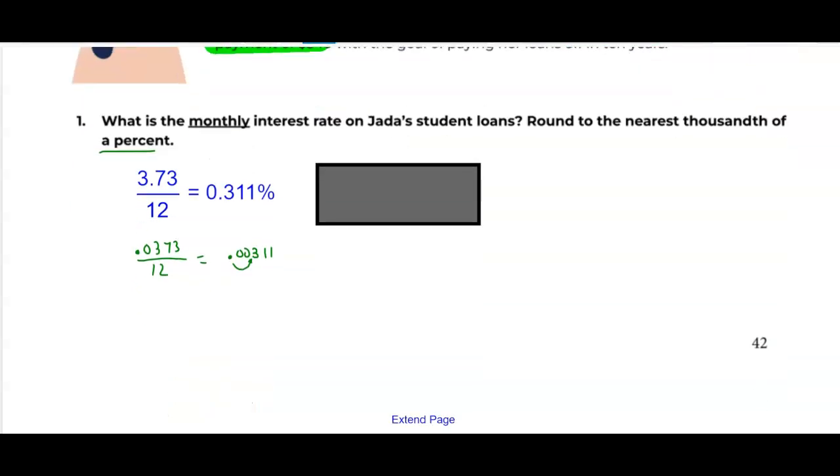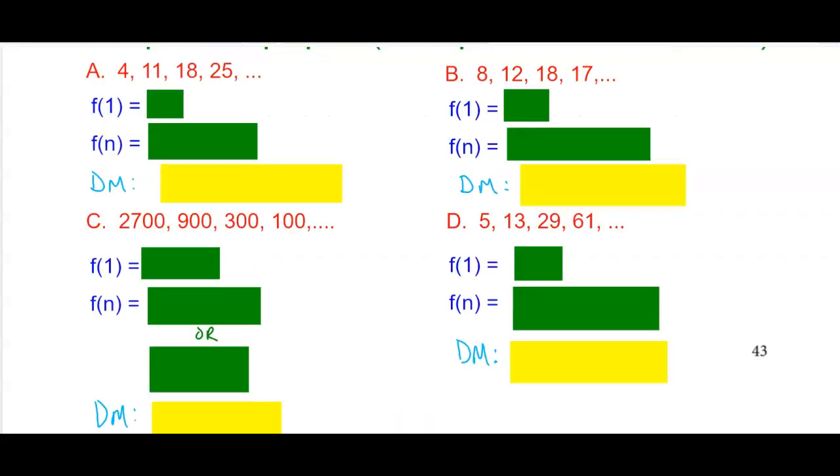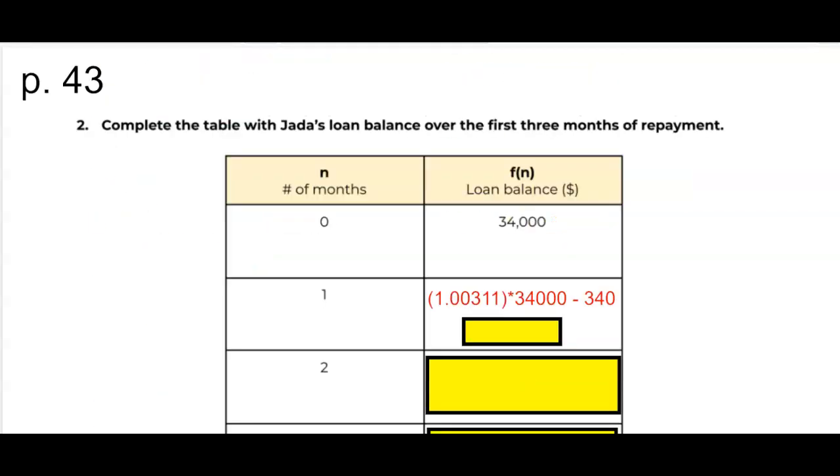All right, let's go on to the next page, to number 2. And we're asked to complete the table with Jada's loan balance over the first 3 months of payment. So I have 0 months here, which is what the loan started at. And the process, you'll recall from the auto loan, is to multiply the interest by the amount and subtract the monthly payment.